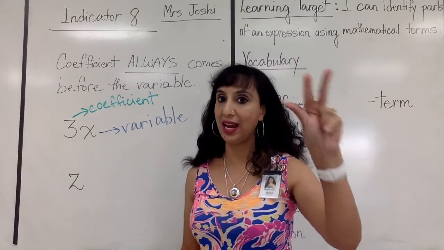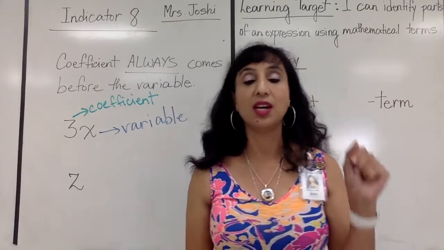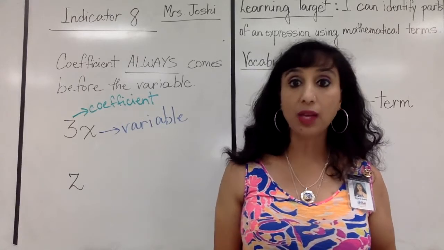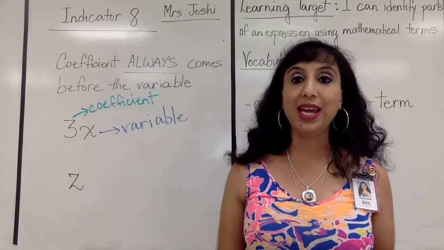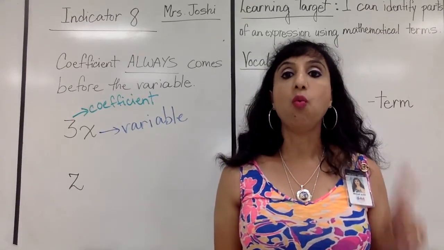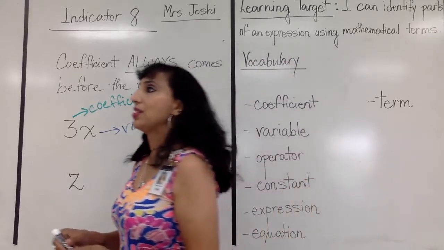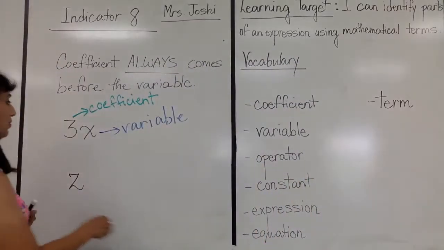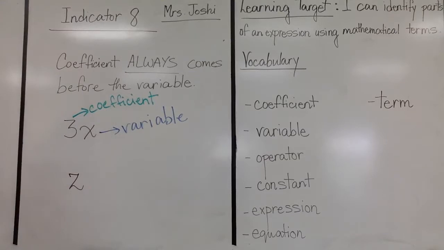So I have 3 x's, that's why the coefficient is 3. If I say just z, I only have 1 z. So if you were asked what the coefficient is here, do not say 0, because my coefficient is actually 1. Any number times 1 is the number itself.